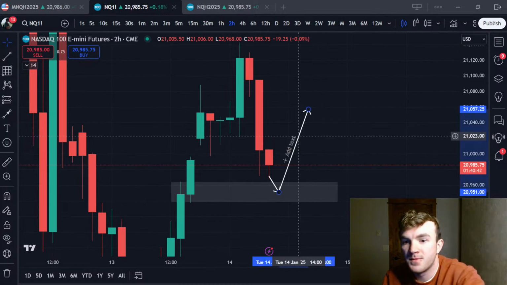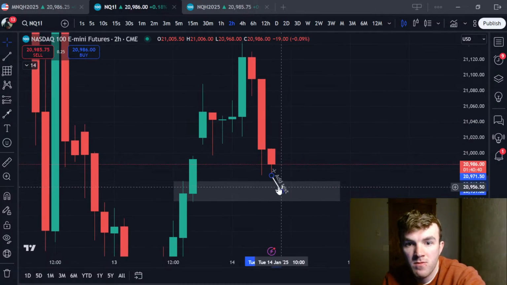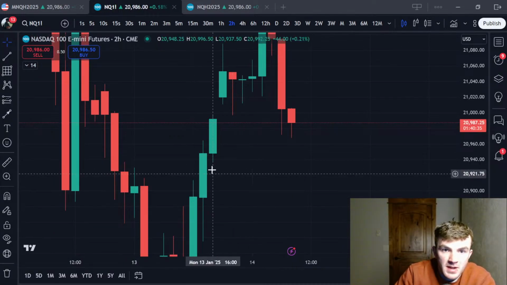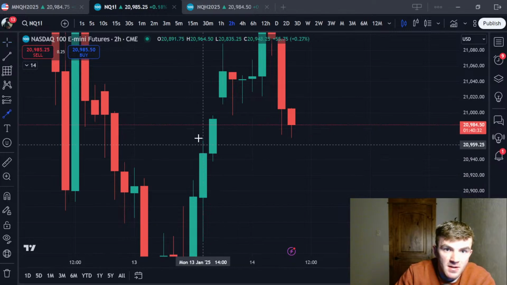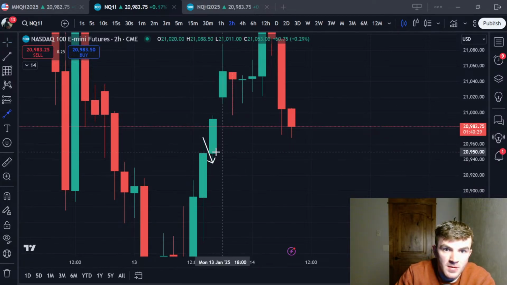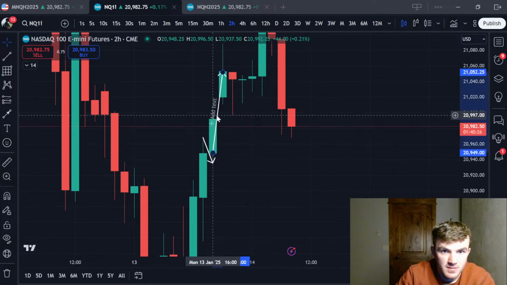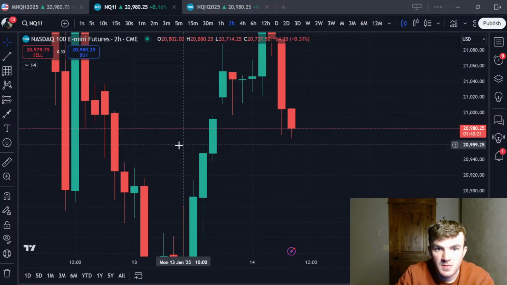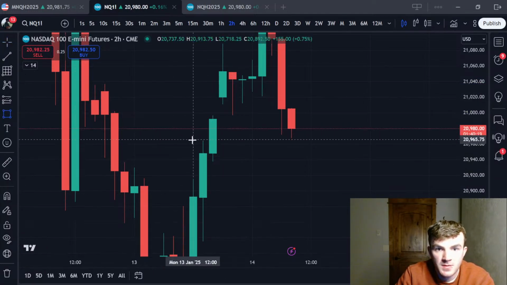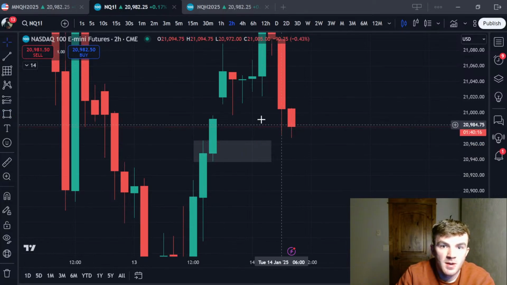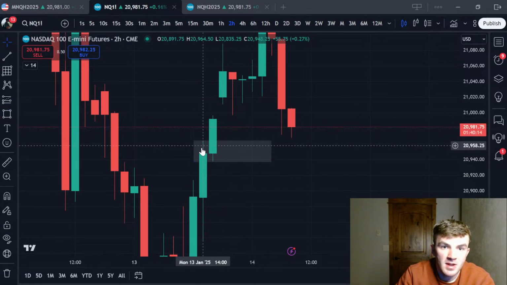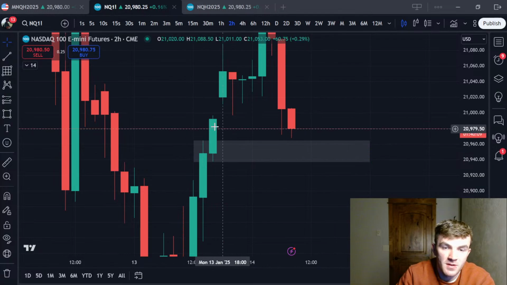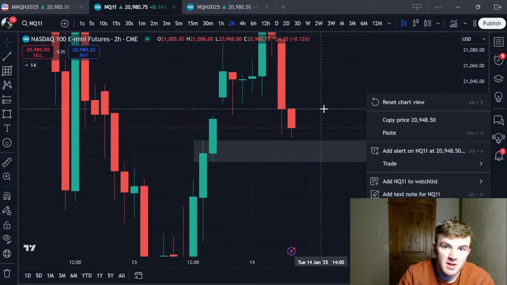It's a hidden order block because this is a move down before a move up. That's why a lot of the time you'll see a fill of a fair value gap and then a wick into the order block, and then it continues higher.